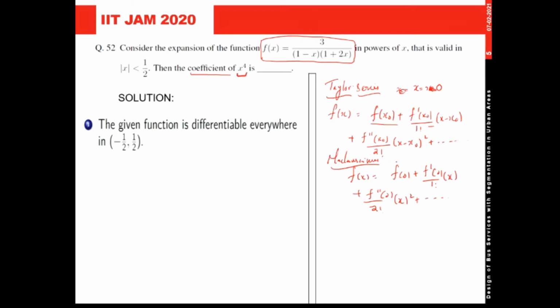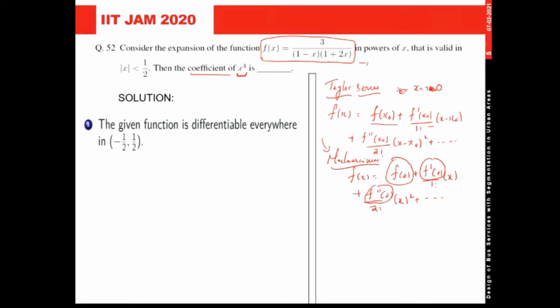In order to solve this problem, we have to find f of 0, f dash of 0, f double dash of 0, etc. But if you go through it in this manner, it will take a lot of time because finding the derivatives of this is very difficult.